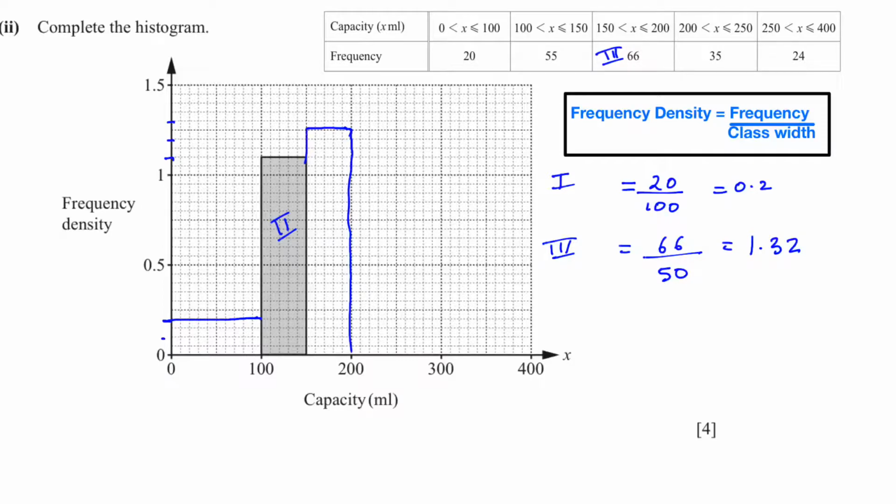Now for the fourth bar. Fourth bar, the frequency is 35 and the class width is 250 minus 200, 50. This will give us 0.7. 0.5 is here, so 0.6, 0.7 till 250. Now moving on to the fifth bar.